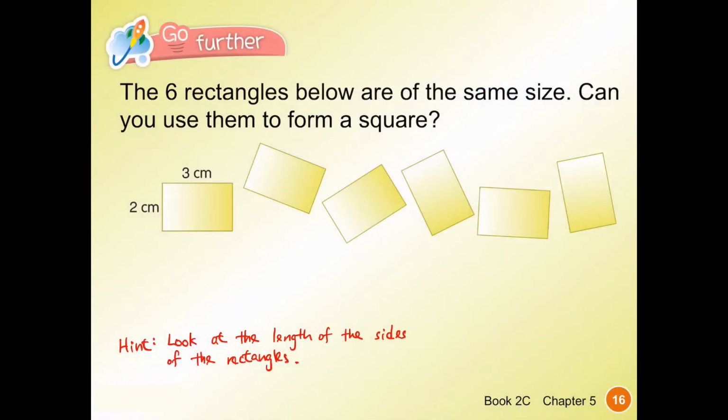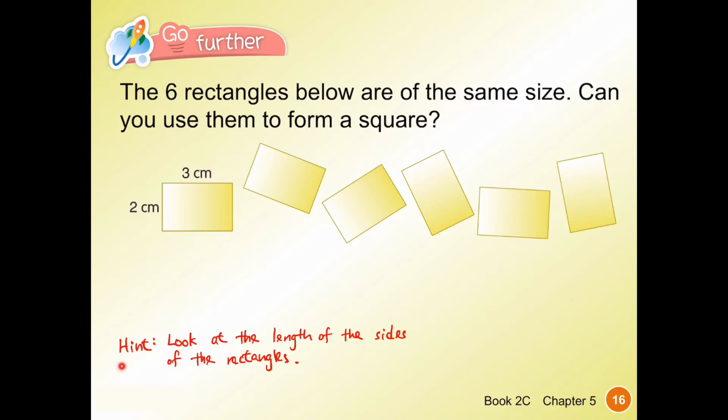So please turn to page 41, and here comes the part called Go Further. The 6 rectangles below are of the same size. Can you use them to form a square? Right now we have 6 rectangles, and we have 1 pair of opposite sizes of 2 cm long, and the other pair of opposite sizes of 3 cm long.